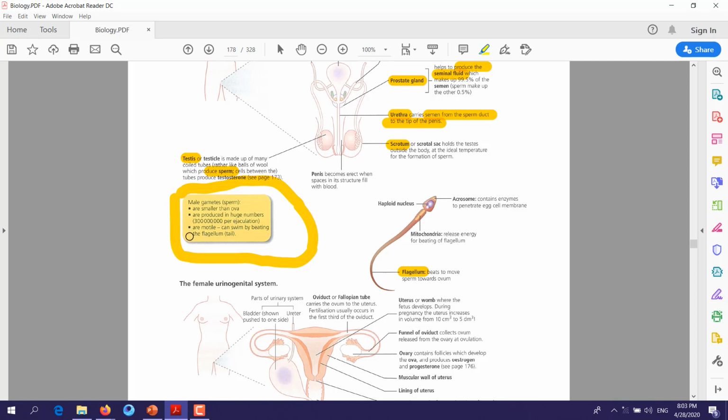It's 300 million per ejaculation, but in the female, it will be one per month. Sperm are motile, it means they can swim, or they are able to move.